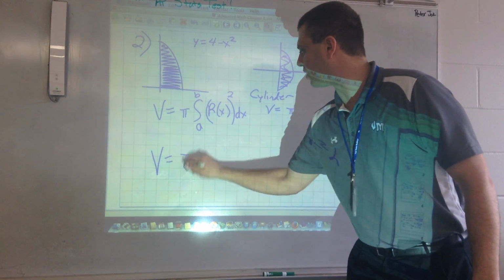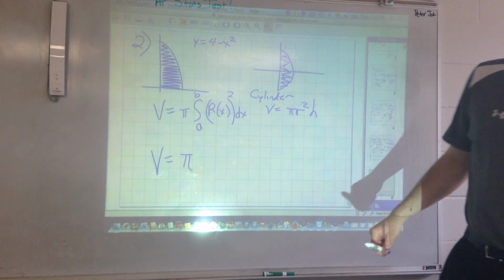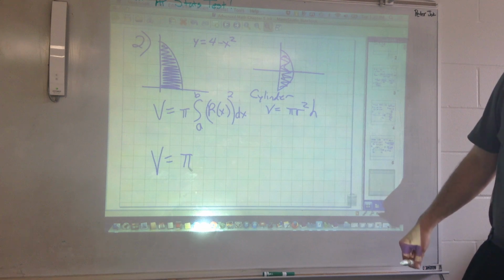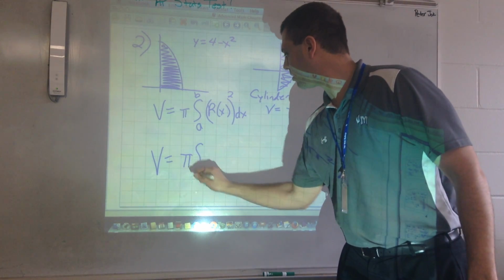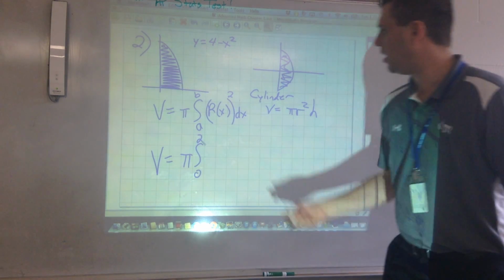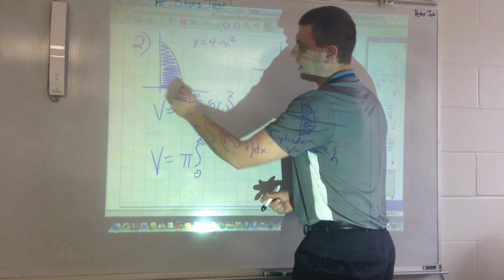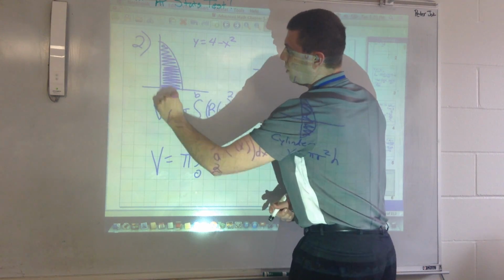So if you were going to do this one, the volume would equal the integral, I'm assuming we're counting by ones here, from 0 to 2, of the function squared, because the value at any given x value from here to here would represent your radius. How long is that?